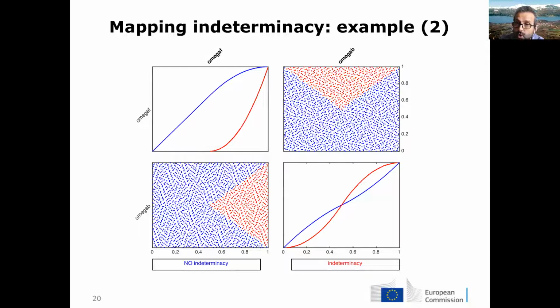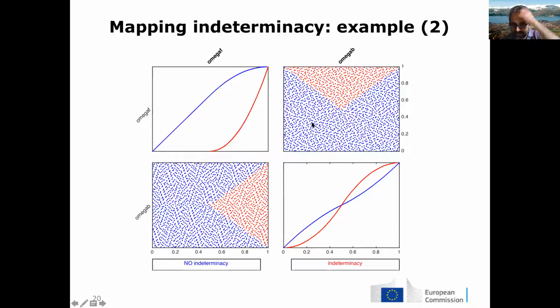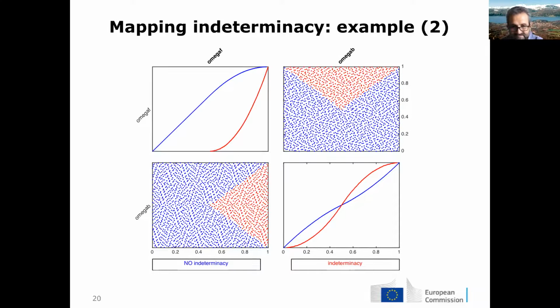You can also go a bit deeper. When you are in the red, is it indeterminacy or explosive? You can also trace indeterminacy, and then you see that in the triangle of red dots, only this half triangle is associated to indeterminacy. Then you need to be careful about the names.